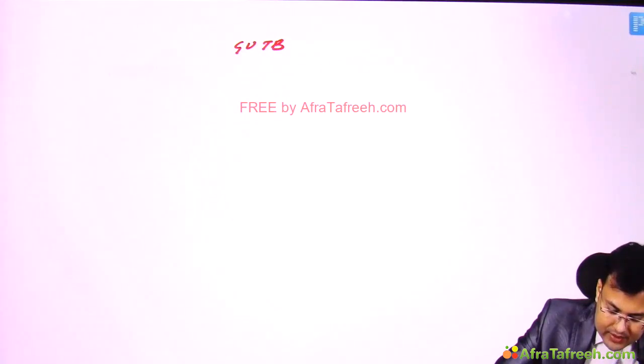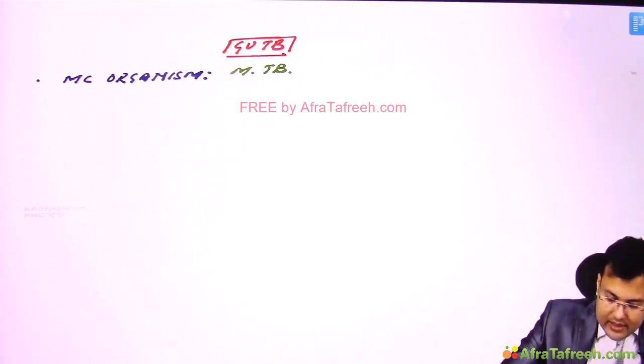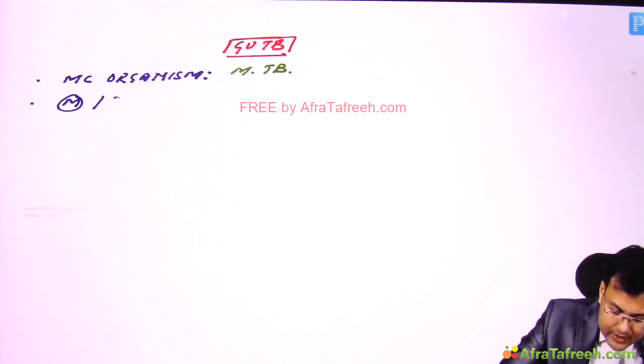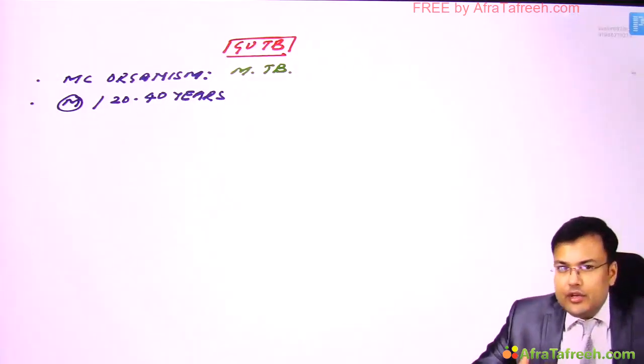Genitourinary tuberculosis. First important point, what's the most common organism? Obviously, it's Mycobacterium tuberculosis. Generally, it is more common in males, and the age group is 20 to 40 years. Now, what is the first organ affected in genitourinary tuberculosis?